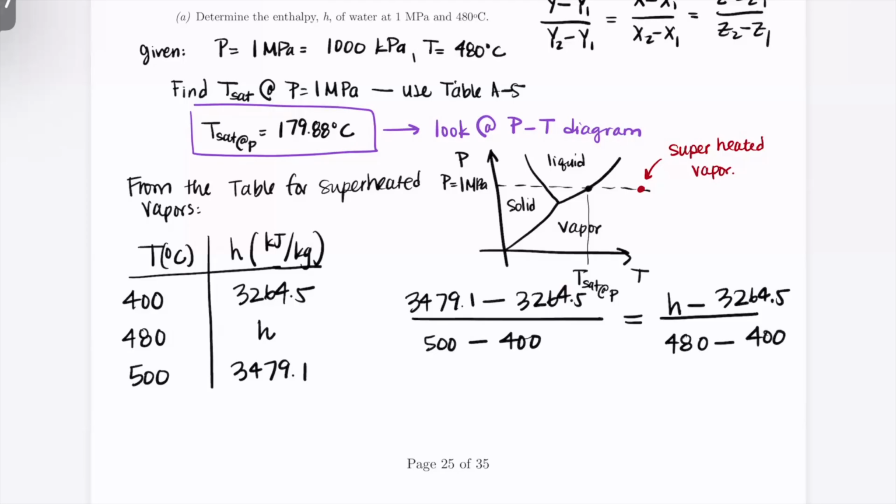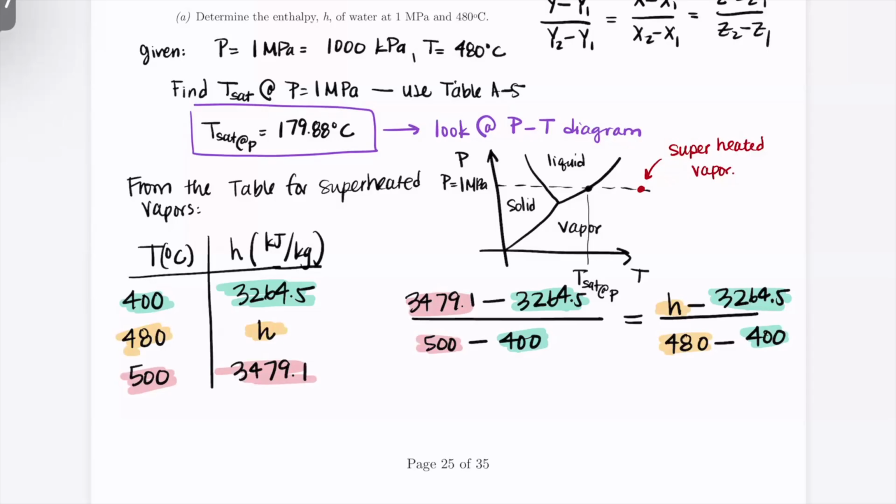So what I have here is my points at 400 degrees, that's this and this. And then I have my points at 500 degrees C, which is this and this. And then I'm trying to find these guys, which are here and here. Does this make sense? Feels okay for everybody?